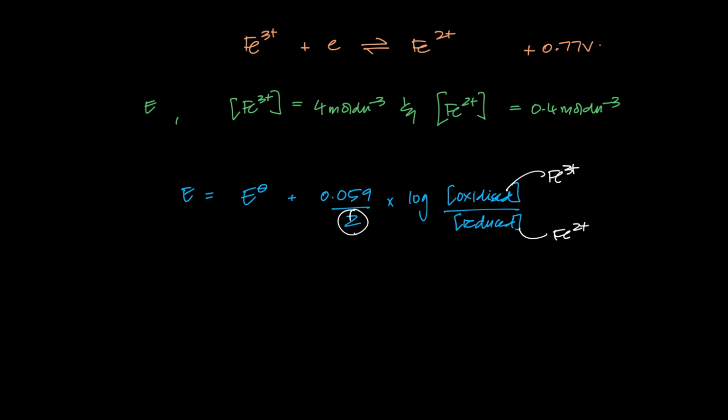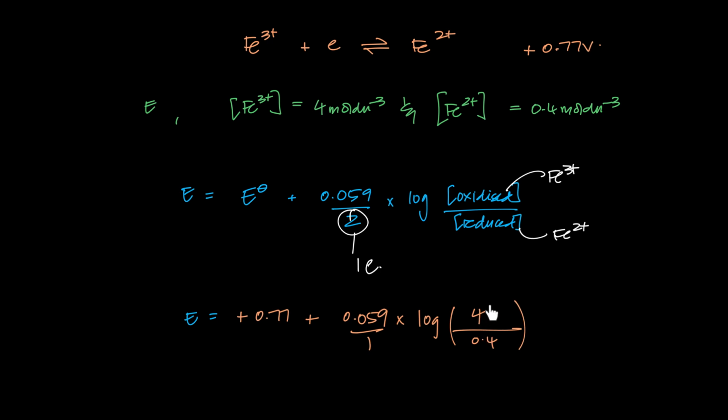And for iron, Z must be 1 because only one electron is being exchanged in the equation. And you just plug in these values: E would be 0.77 plus 0.059 over 1 into log of what over what? Log of 4 over 0.4.